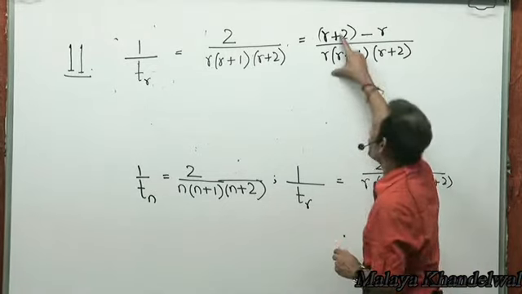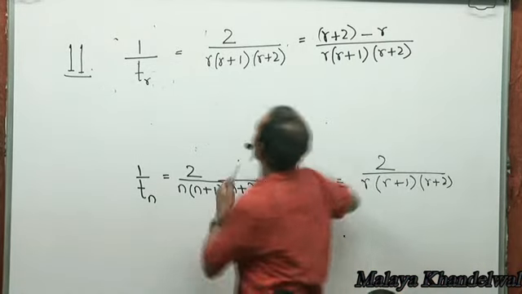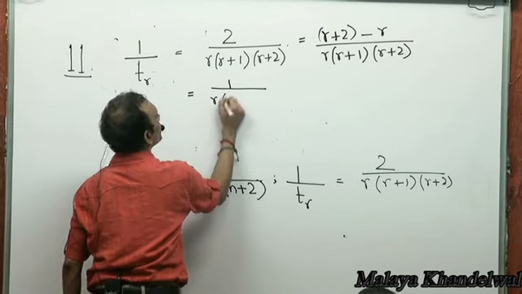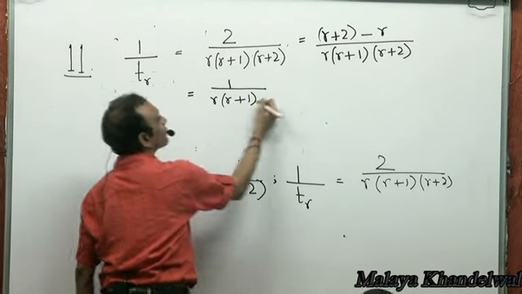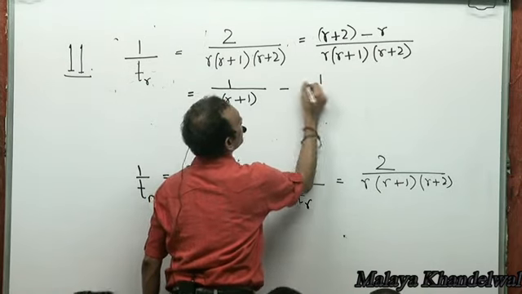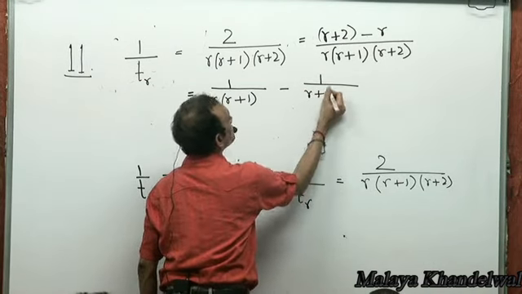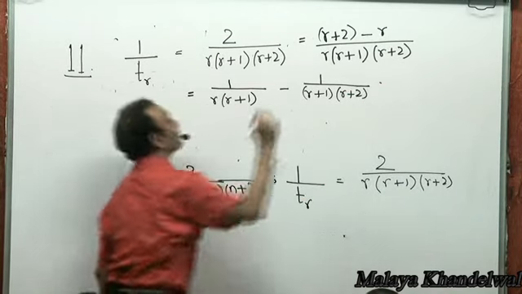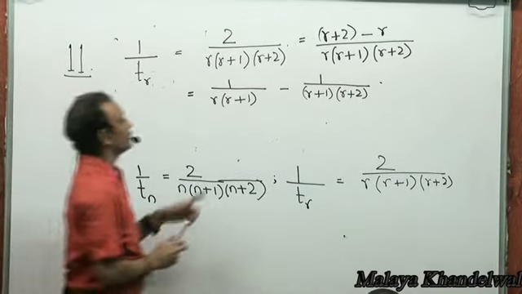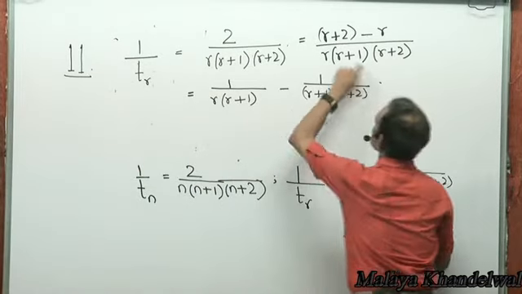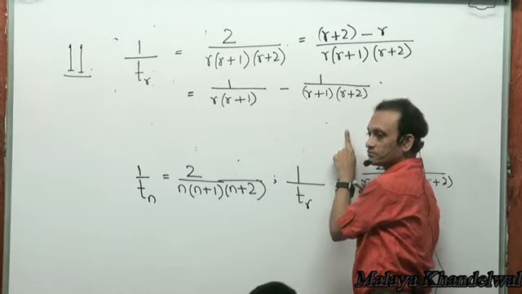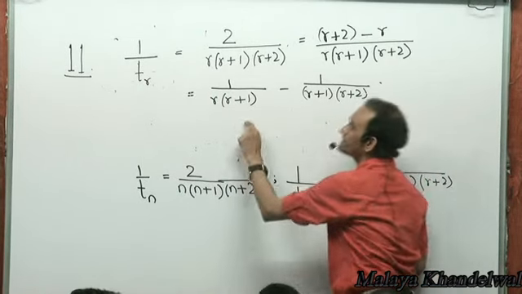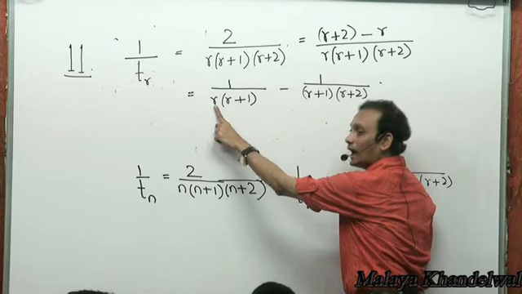Right? And now when I divide, this turns out to be 1 by r into r plus 1 minus 1 by r plus 1 into r plus 2. Yes or no? Now, this and this, are they related? This could be obtained from this by replacing r by r plus 1.